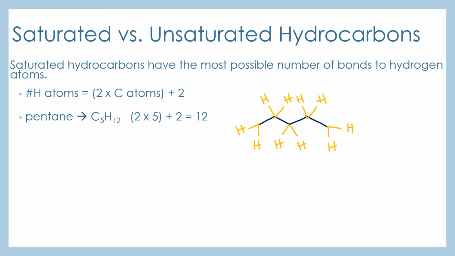And then since these are terminal carbons and they do not have any more bonds to other carbons, they also have to have 1 more hydrogen. And that's actually where the plus 2 comes from. It's these guys right here. So this part of the calculation gives you the orange hydrogens, and then that plus 2 gives you those capping hydrogens. So that's where that's actually coming from.